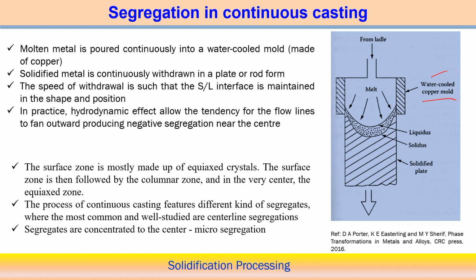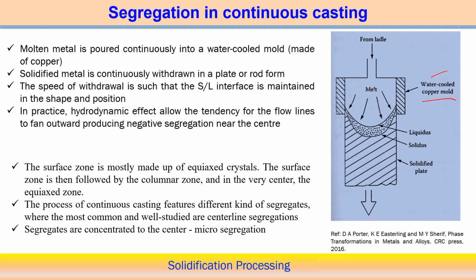It is maintained in such a way that there is continuous feeding of molten metal into the mold, and at the same time there is continuous output of the solidified component. So the speed of the solidified component is analogous to the growth of the solid liquid interface, which is maintained and decides the speed of the output of this solidified strip.